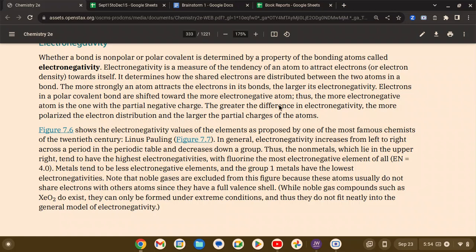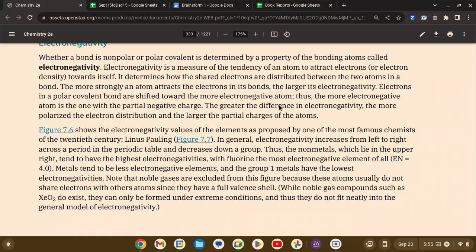Figure 7.6 shows the electronegativity values of the elements as proposed by one of the most famous chemists of the 20th century, Linus Pauling. In general, electronegativity increases from left to right across a period of the periodic table and decreases down a group. Thus, the nonmetals, which lie in the upper right, tend to have the highest electronegativities, with fluorine the most electronegative element of all.